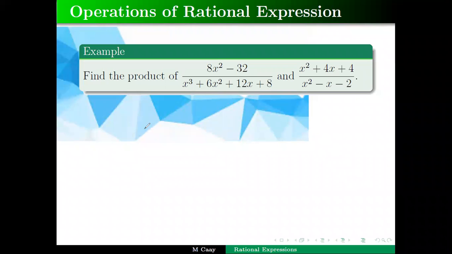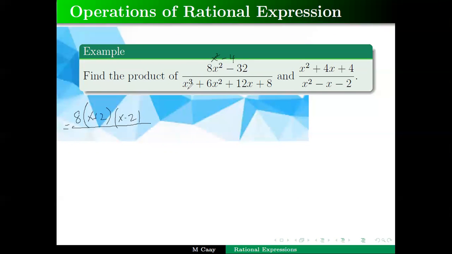8x squared minus 32. Observe that I can factor the 8 out. So I have 8, and when I factor these, I'm left with, of course, x squared minus 4. And remember, x squared minus 4, I can write that as x plus 2 times x minus 2. Okay, how about these?